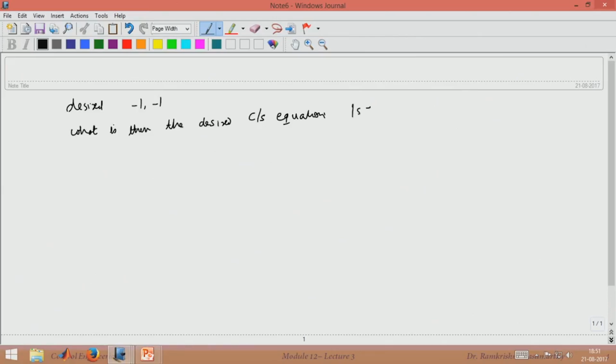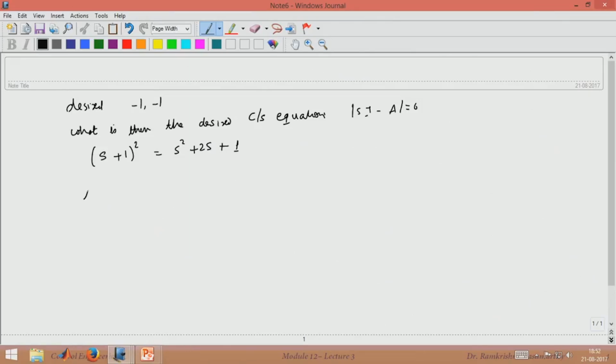Since the poles should be placed at minus 1, this should be something like this: s square plus 2s plus 1.